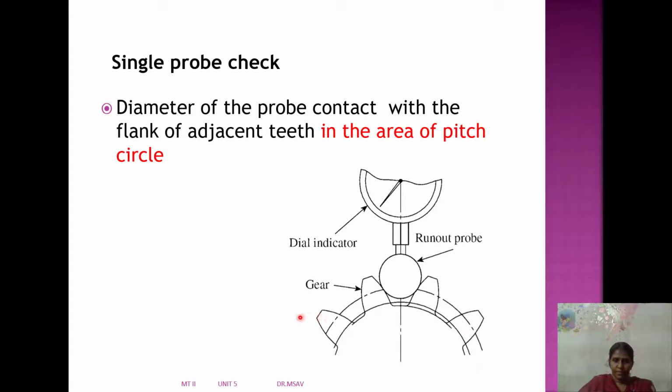We have the addendum circle, the outer circle. So the diameter of the probe should contact the flank face of the adjacent teeth. This probe should contact the adjacent teeth in the area of the pitch circle. That is very important. While we keep it like this, it is ready to take the reading from the dial indicator. So this is the single probe check.